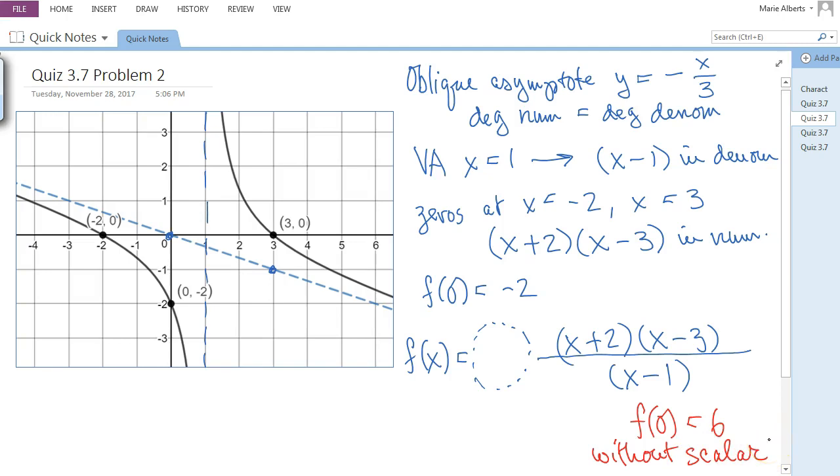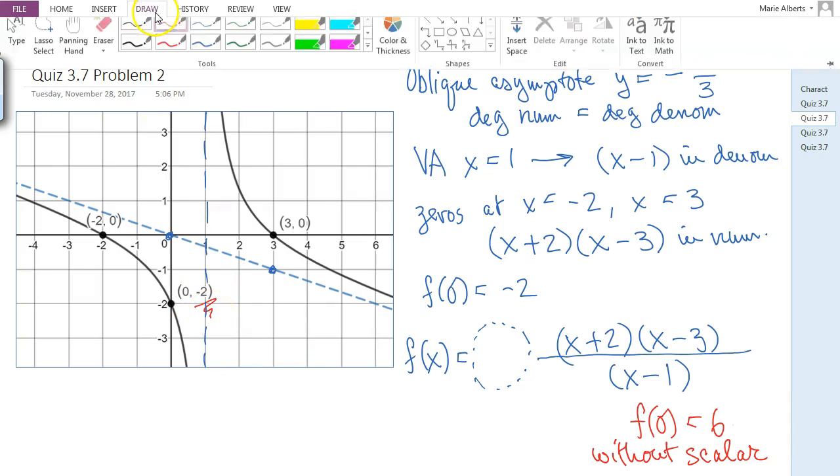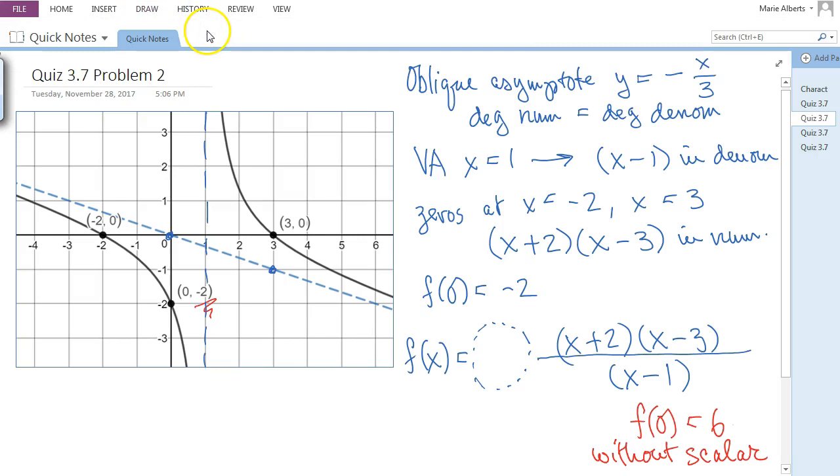I need to divide that 6 by negative 3, or rather multiply it by negative 1/3 in order to get the negative 2 over here. So let me put that in. Negative 1/3.